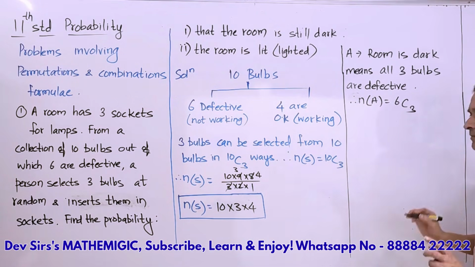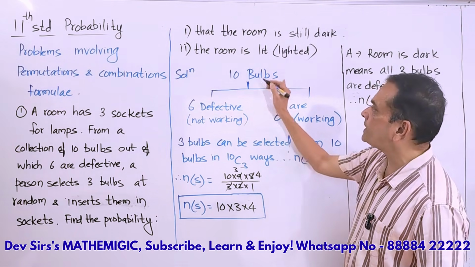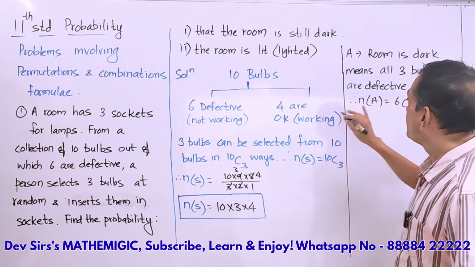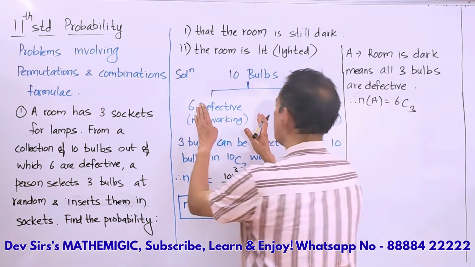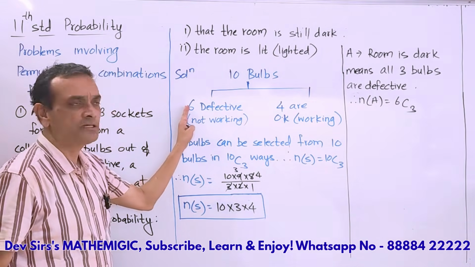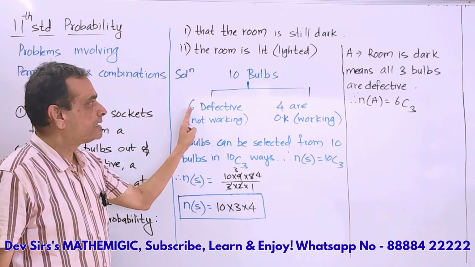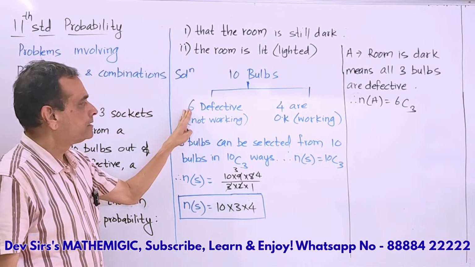Okay. Starting में we took 10C3 because total number of bulbs are 10. But now all 3 are defective means you have to select this category of defective only. 6C3. Now don't go to 10.